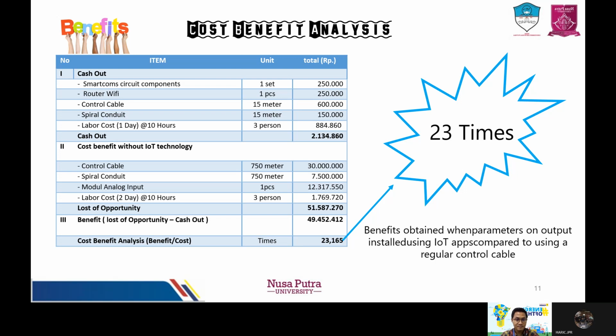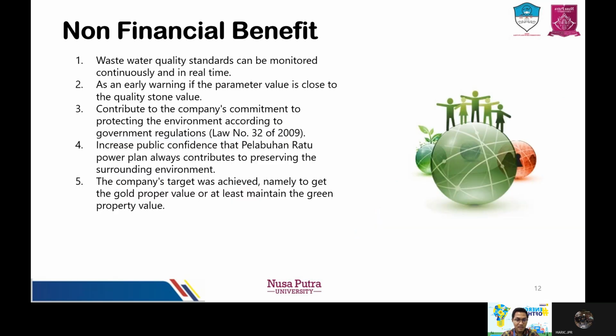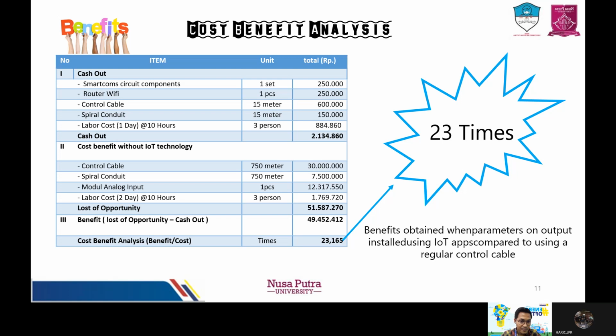You can see the benefit obtained when parameters on the outfall are installed using IoT compared to using a regular control cable: 23 times, very expensive.